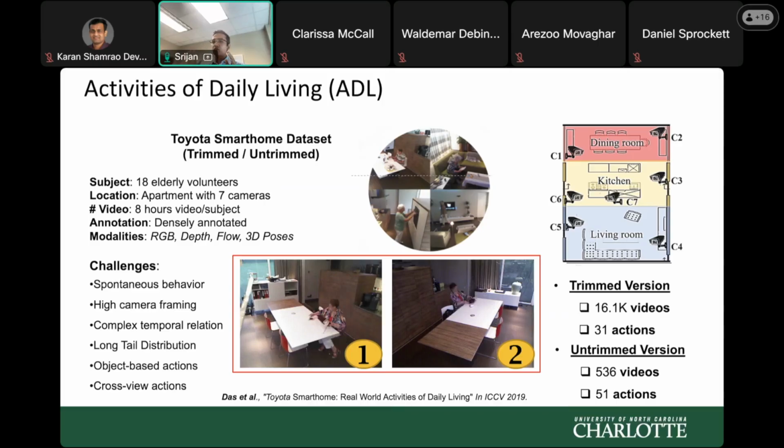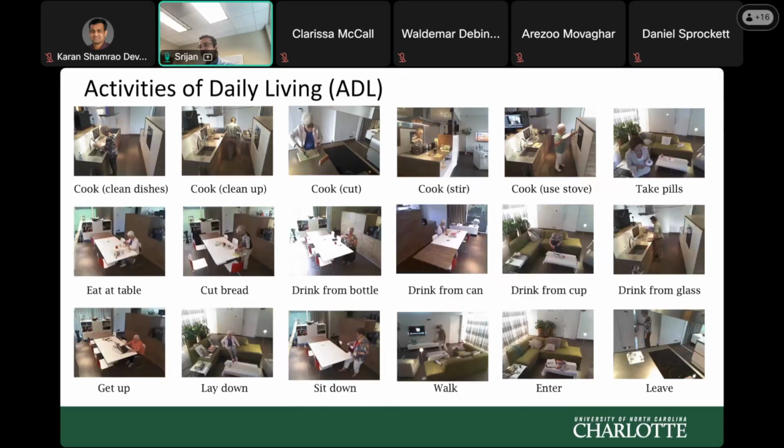When we tried to use the models that existed at that time, or even the models that come out from the big companies, we saw that most of the activities we are interested in are often not detected or classified correctly.